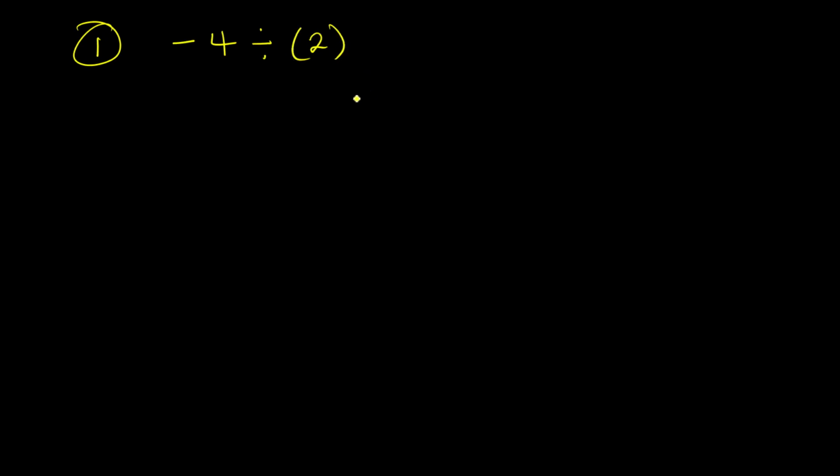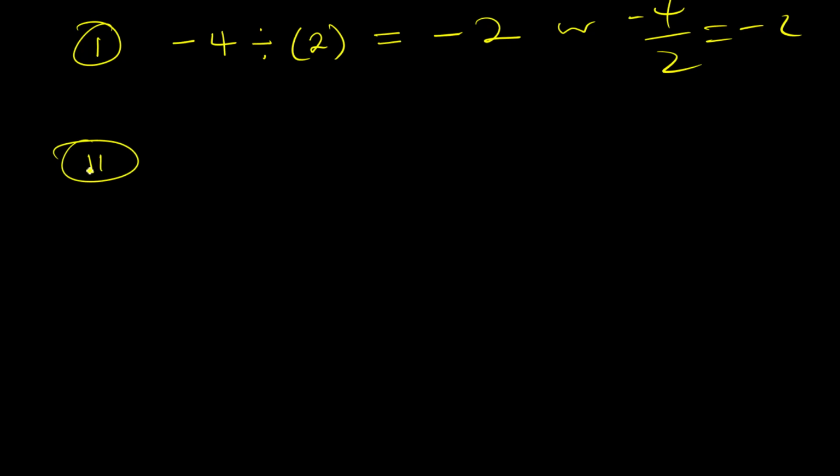This one is negative and this one is positive. So you end up getting minus 2, or you can say minus 4 over 2, yes, minus 2. That is simple.